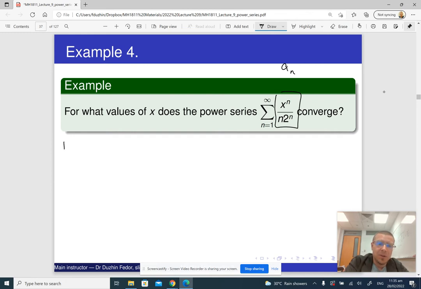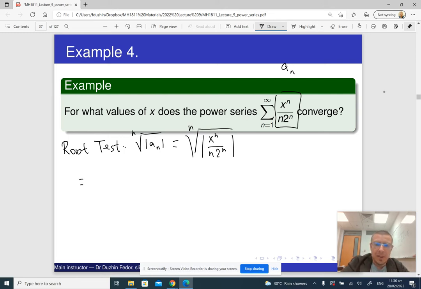So the root test is the following. You take the nth root of the absolute value of a_n. This is the nth root of, well, I need to replace this with its equation, x^n divided by n times 2^n.